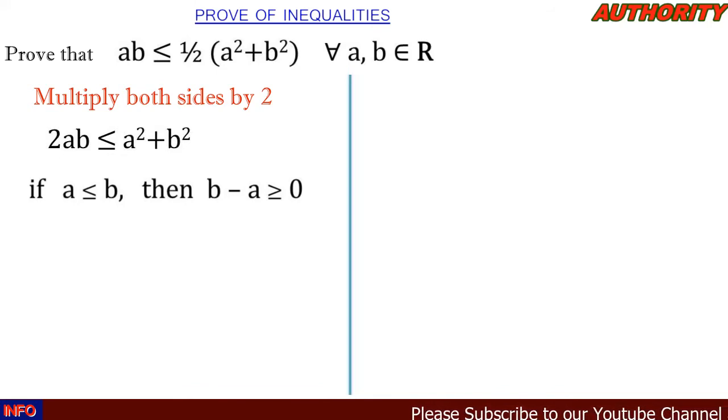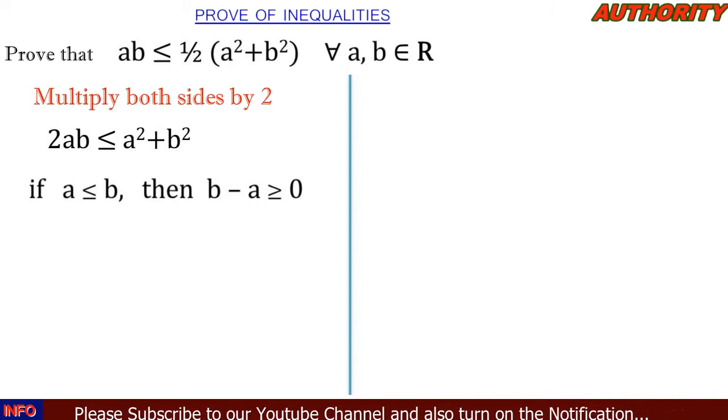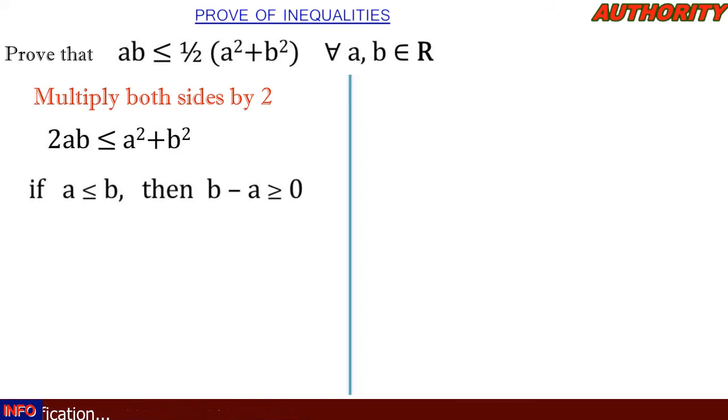And then B minus A must be greater than or equal to 0. That is to say, when you say that 1 is less than 3, that means 3 minus 1 must be greater than 0. Is that true? Yes. So if you succeed in proving this fact, that means we are done.